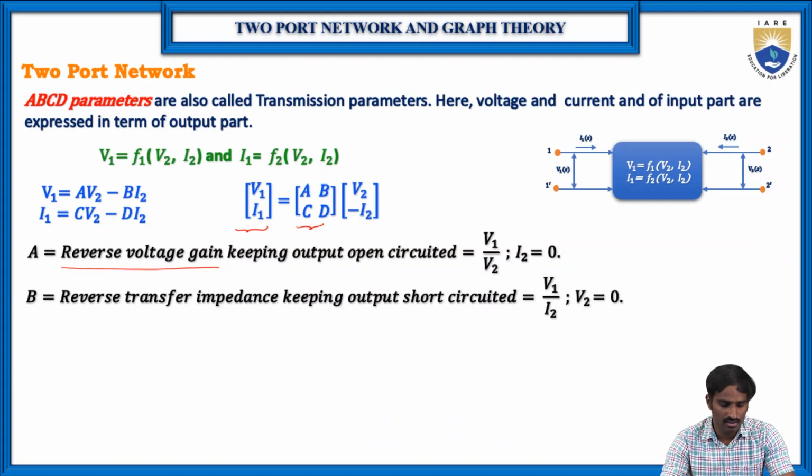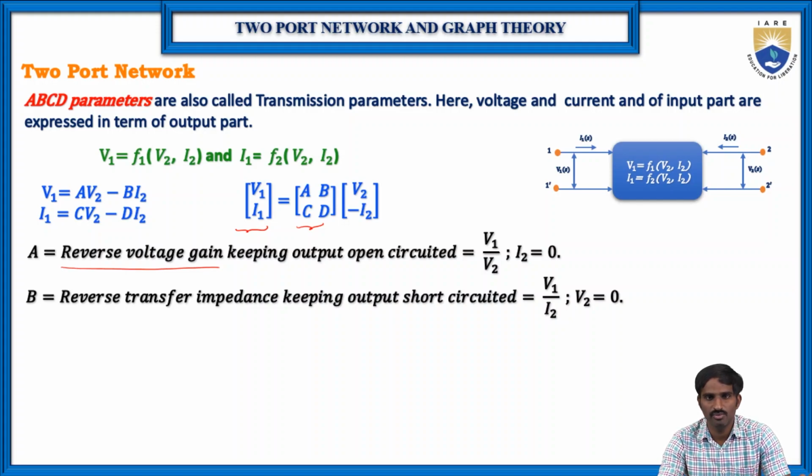Then when coming to B, B is equal to the reverse transfer impedance keeping the output short circuited. As you can see, here we are using both conditions, short circuit and open circuit. Before, in Z parameters we considered only the open circuit, and in the Y parameters we considered only the short circuit.